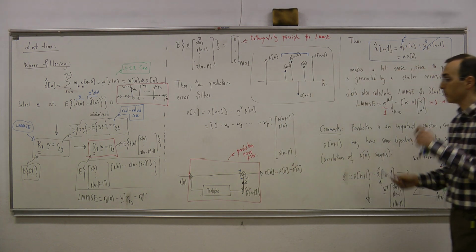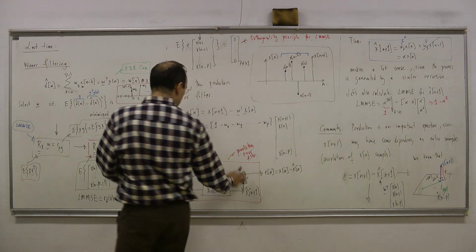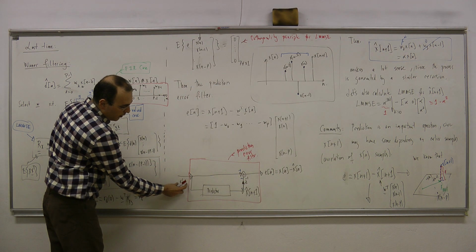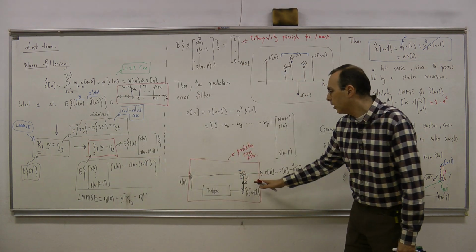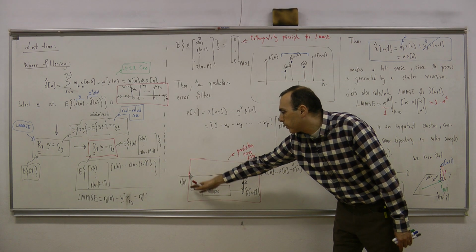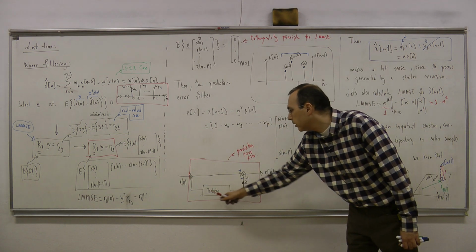So what is important for this system is, you can clearly see the effects of x of n at the output. But you are predicting all the previous dependency in the last p samples by this predictor.